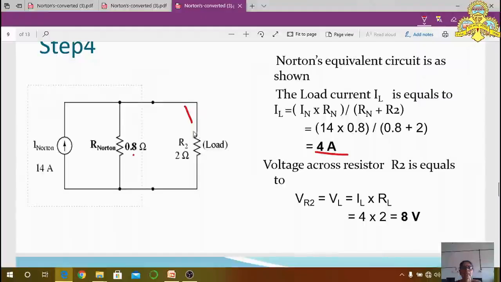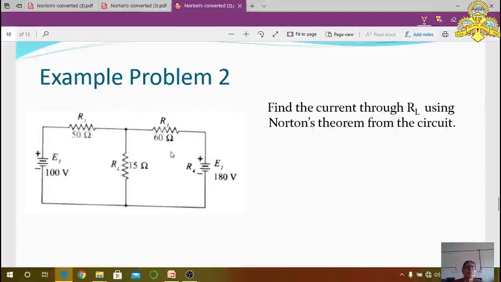The voltage dropped across the load is VL, which equals load current into load resistor, IL into RL, that is 4 into 2 equals 8 volts. That voltage is 8 volts.